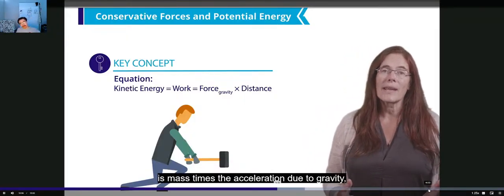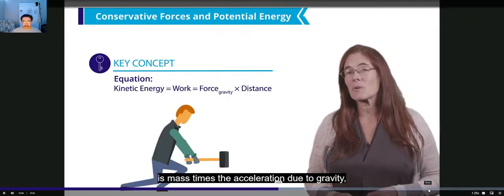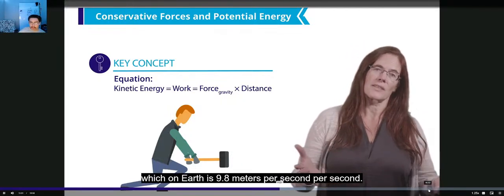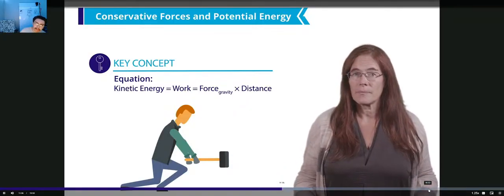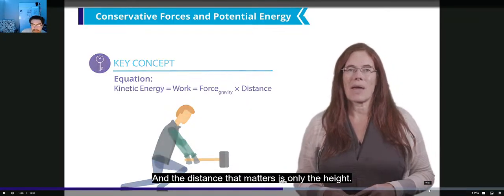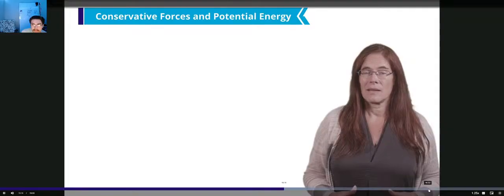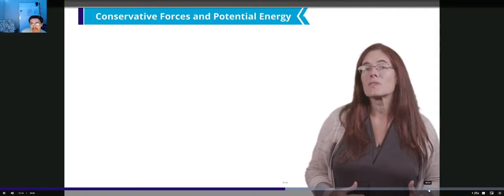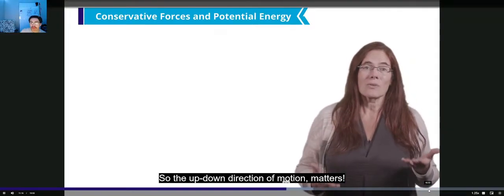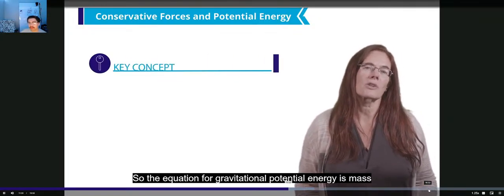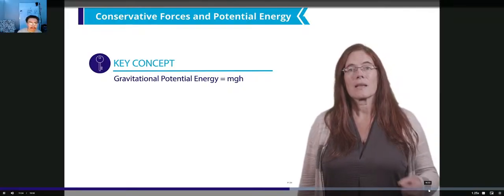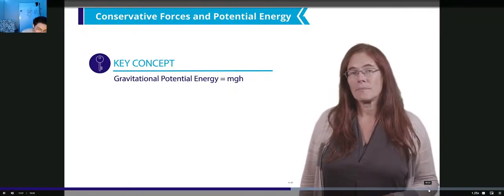The equation for weight is mass times the acceleration due to gravity, which on Earth is 9.8 meters per second per second. So that's m times g. And the distance that matters is only the height. As we saw, gravity pulls down, so the up-down direction of motion matters. So the equation for gravitational potential energy is mass times gravity times height.